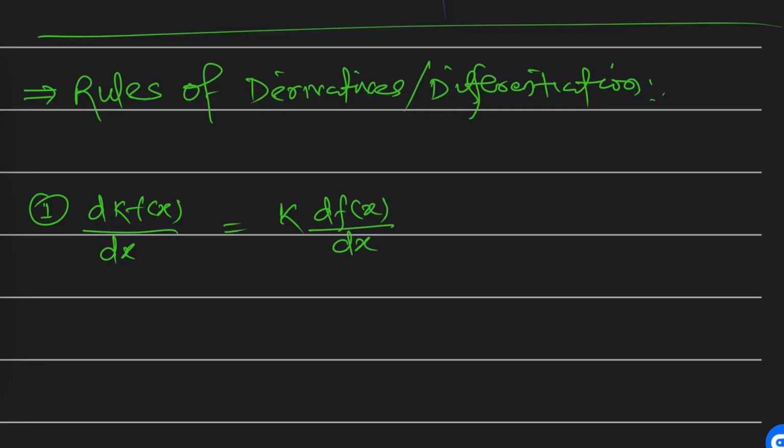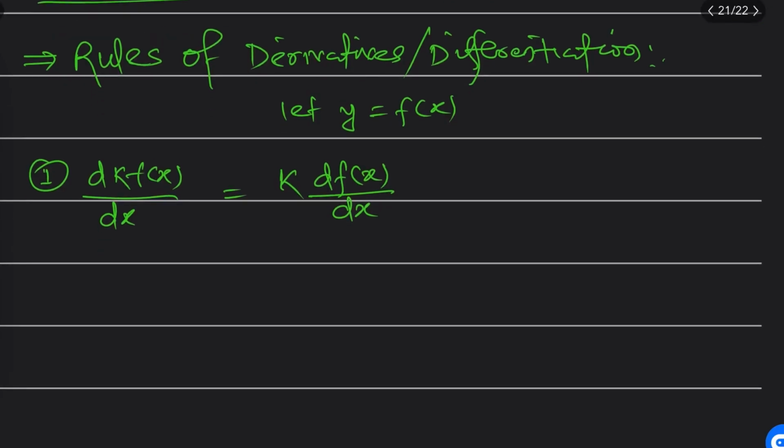Let y be equal to f of x. It is actually y, so don't get confused: f of x is a function of x. Obviously, if you put x you will get y, so y is equal to a function of x. Next, you can write it like this also: k dy by dx, because f of x is y.